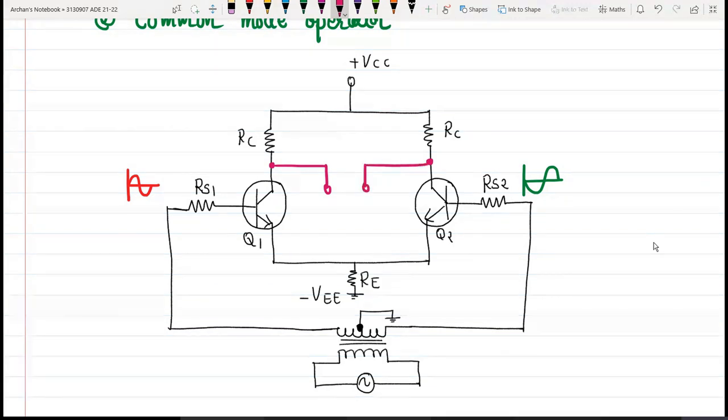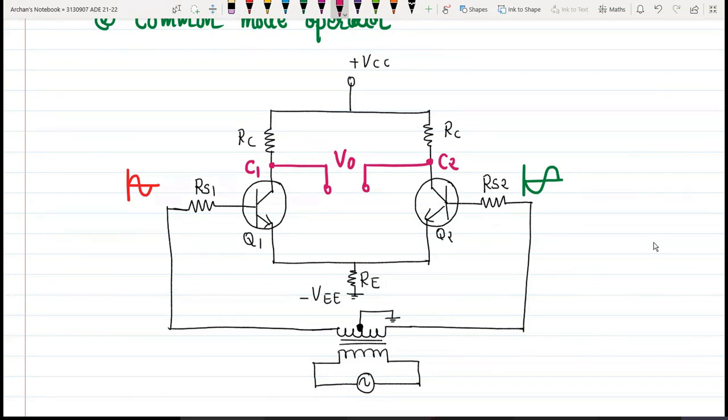As you can see, none of the collector terminals is grounded. That means we have a balanced output, or you can say double-ended output, or it is also known as floating output. So now what happens in this particular circuit, and what kind of output voltage are we getting over here?